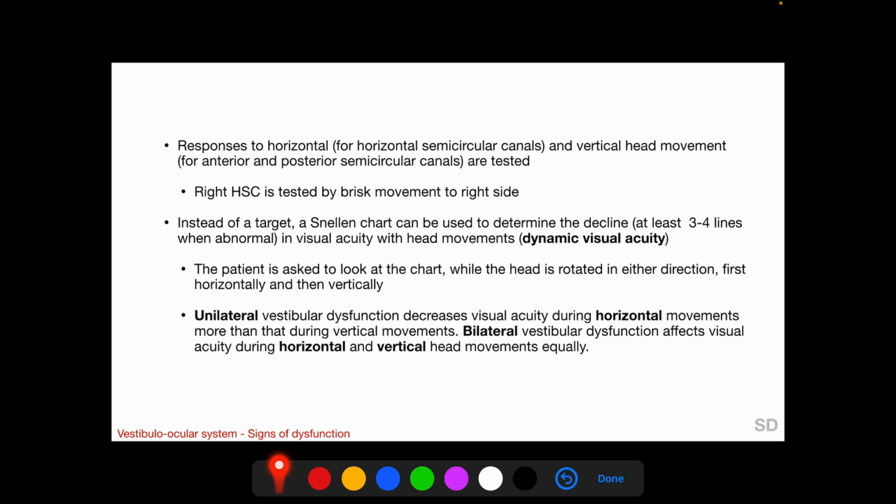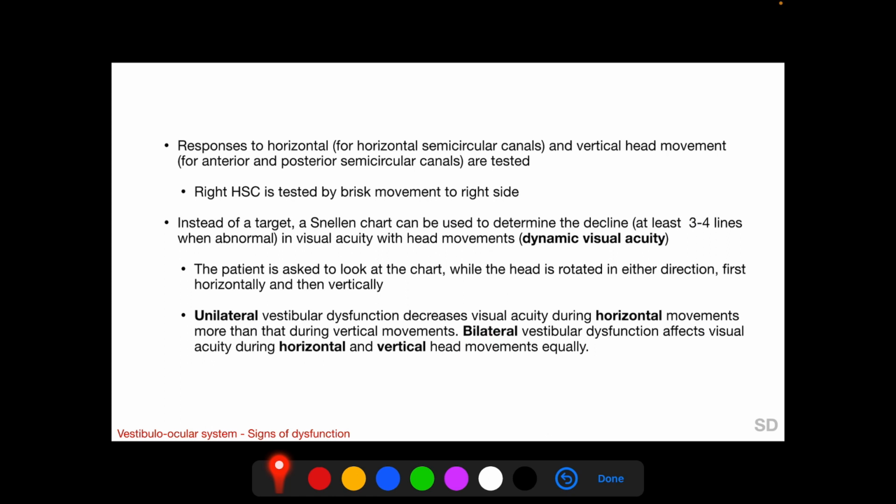During dynamic visual acuity testing, unilateral vestibular dysfunction decreases the visual acuity during horizontal movements more than the decline of visual acuity during vertical movements. On the other hand, bilateral vestibular dysfunction affects visual acuity both during horizontal and vertical head movements equally.